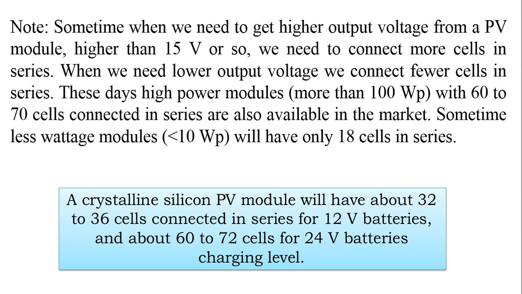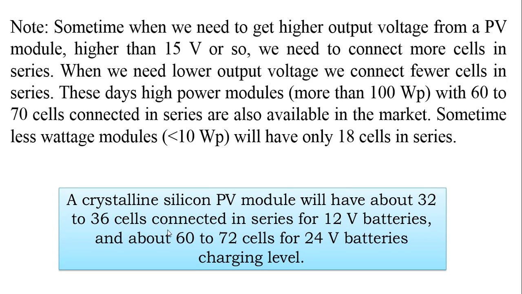Sometimes when we need a higher output voltage from PV, higher than 15 volt or so, we will go with a certain aspect of the required voltage value. In all cases, this voltage will be the main quantity to be maintained.